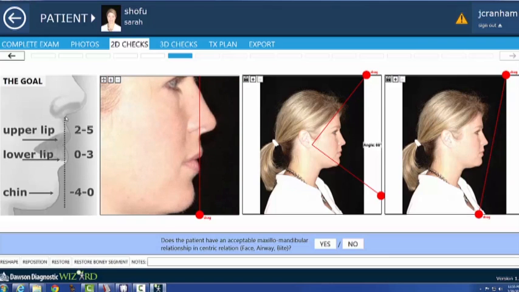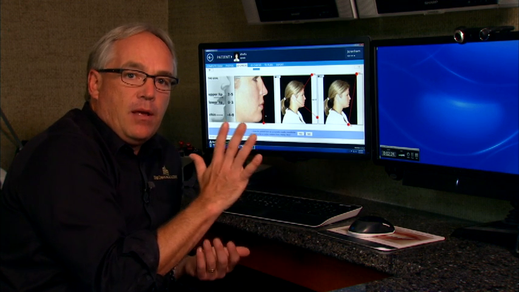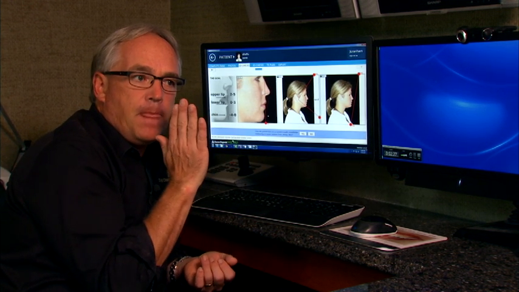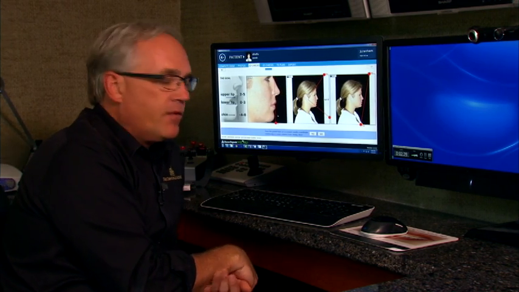We'd like to see, if we drop a plumb bob from the base of the nose as we are here, the upper lip 2 to 5 millimeters ahead of that line, the lower lip on the line or 3 millimeters ahead, or the chin on the line or 4 millimeters back. We can see with Sarah here that she has pretty optimum facial symmetry from looking at our true vertical line.